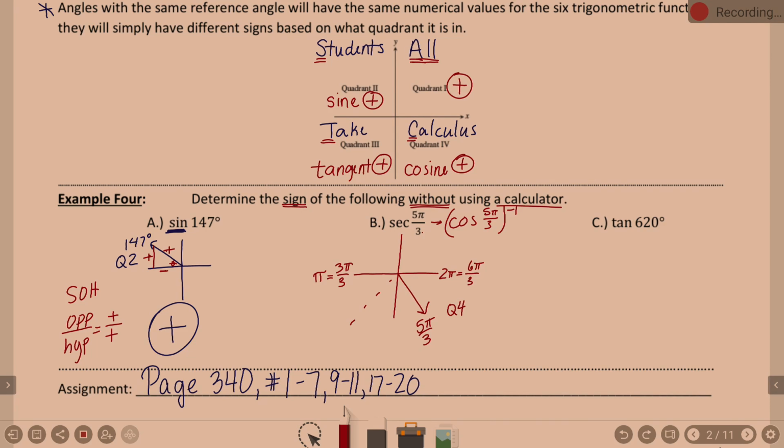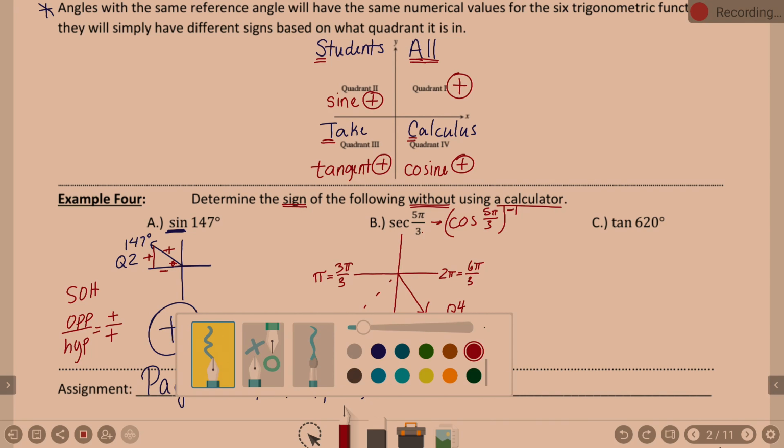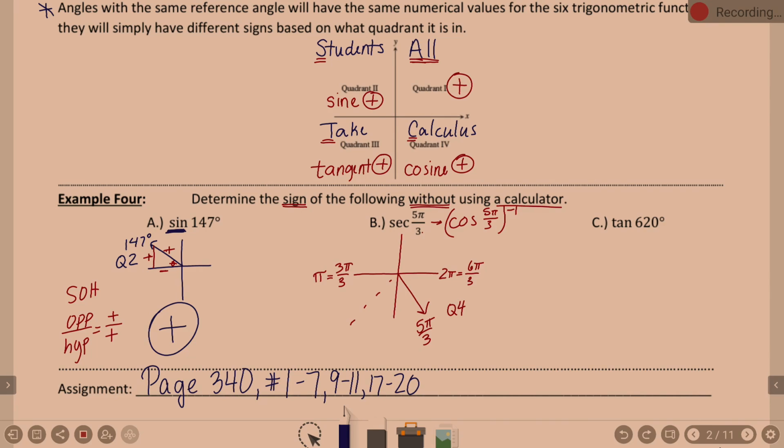Positive? Because why? Yeah, all students take calculus. Right here, that means cosine and its reciprocal are positive. So this is going to be positive.